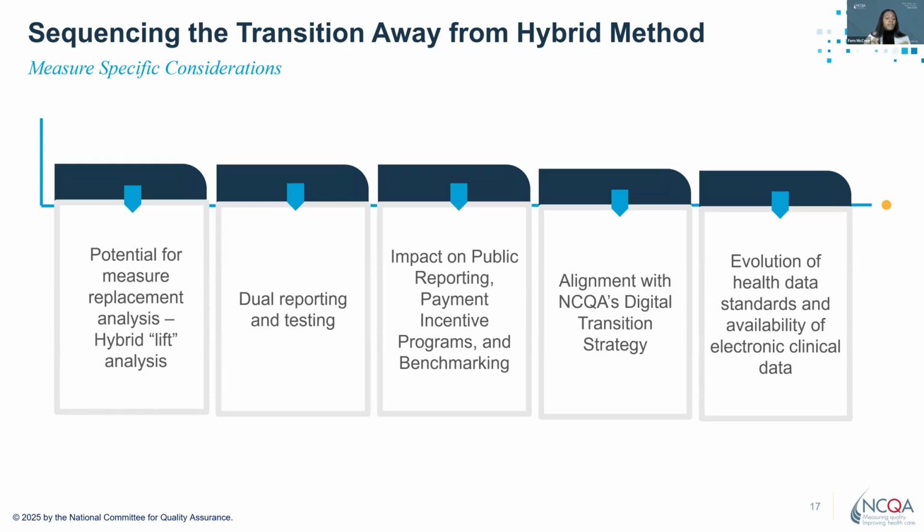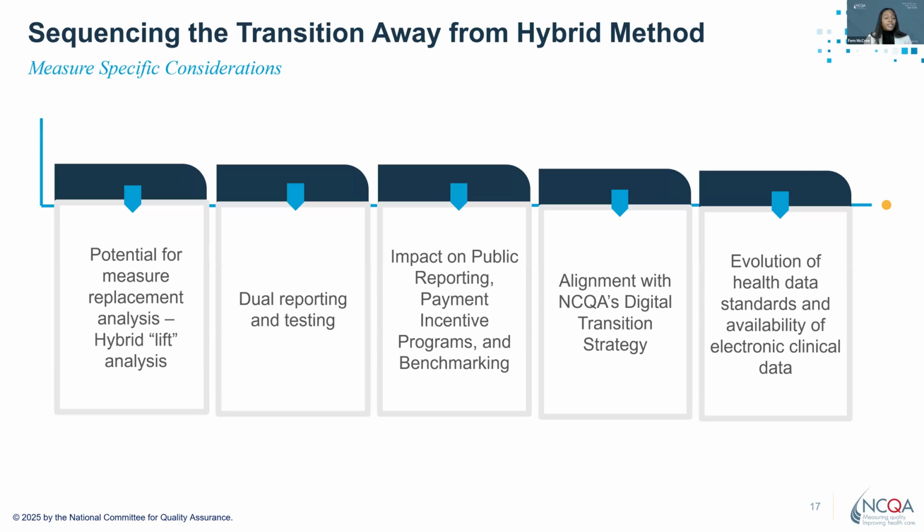We also consider the potential impact on public reporting, on payment incentive programs, benchmarking, and engaging with stakeholders that use and leverage these measures in various programs to make sure we're maintaining transparency, consistency and trust as we move through this transition.